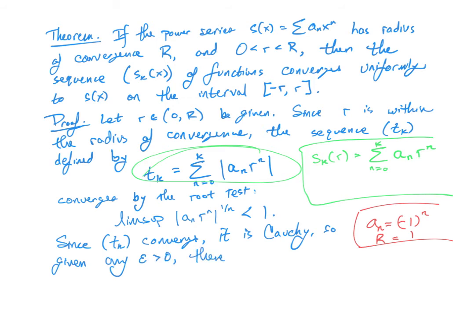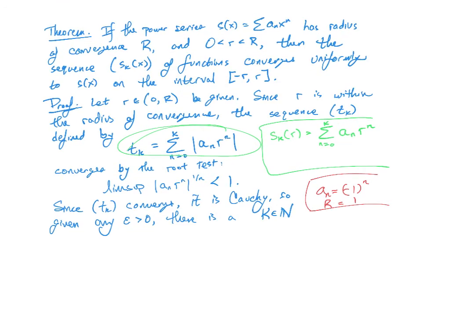Given any epsilon, there is some natural number, I'm going to call it capital K this time, so that if, and now we're supposed to take two terms of the sequence, I'm going to use the subscripts l and k, and we're allowed to assume that one of them is greater than or equal to the other.